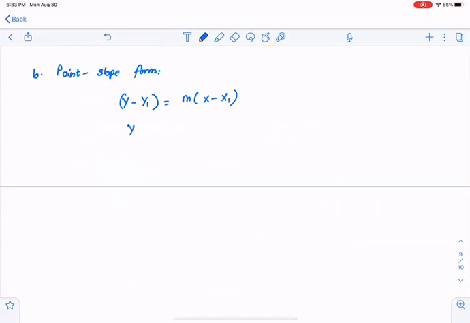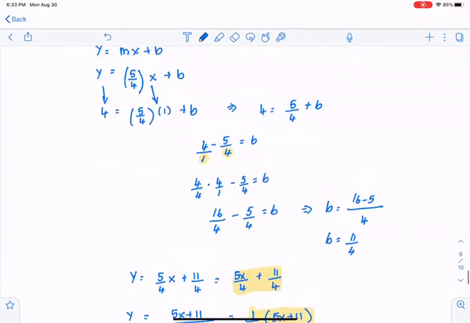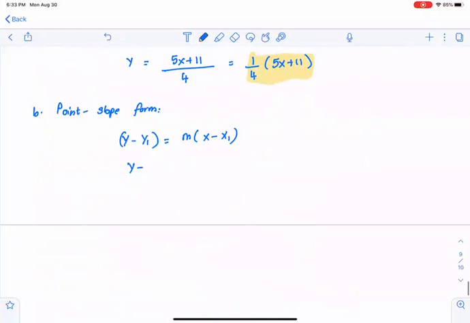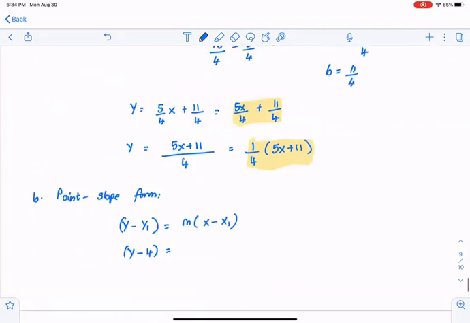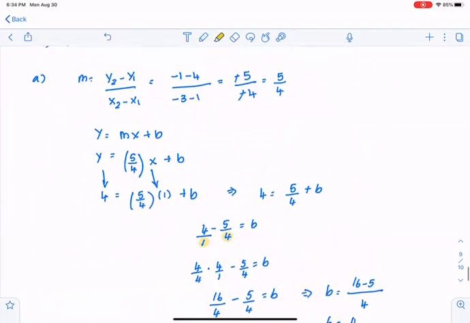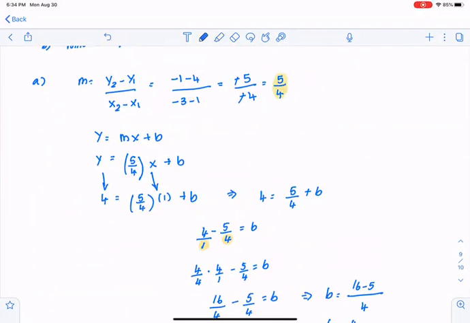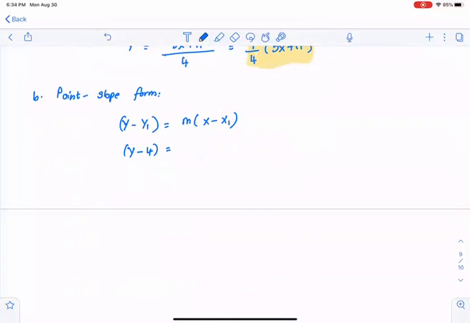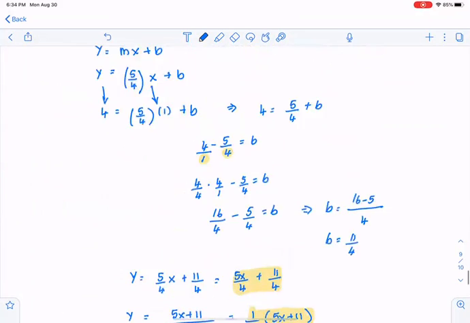And y1 is 4. m is 5 over 4, which is right over here that we found. So we're going to take that 5 over 4. It's a fraction, so I'm going to put parentheses, multiplied by x minus x1, which is 1.